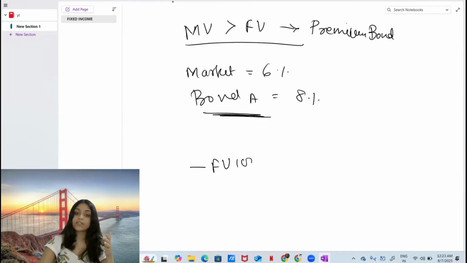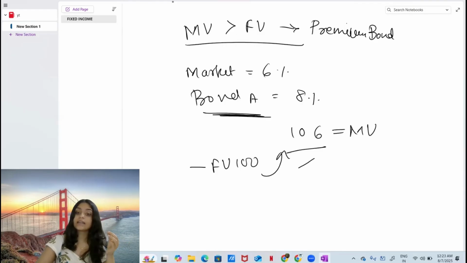Suppose the face value is 100, eventually because the demand for your bond is so much, it will go up to 106. Suppose this will be your current market value of the bond. As the market value is greater than the face value, the bond is trading at a premium.